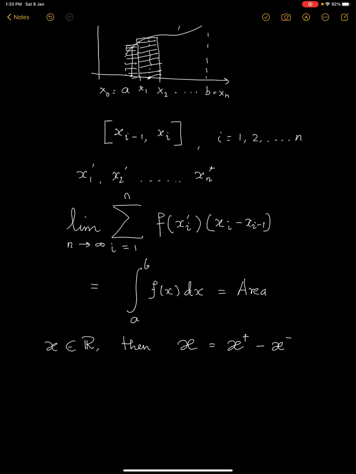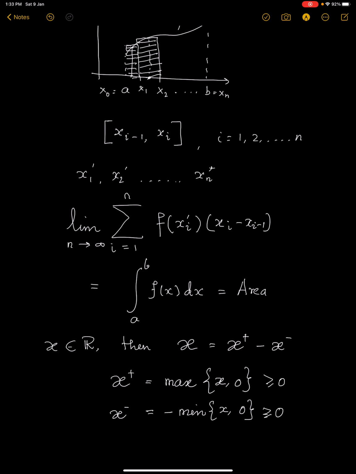Here x plus is the maximum of x and 0, and x minus is the minus of the minimum of x and 0. So this is greater than or equal to 0, and this is also greater than or equal to 0.